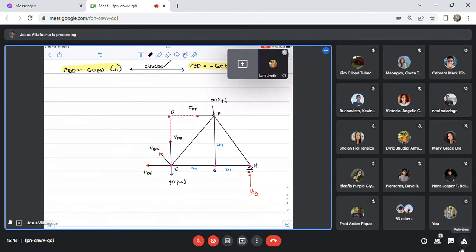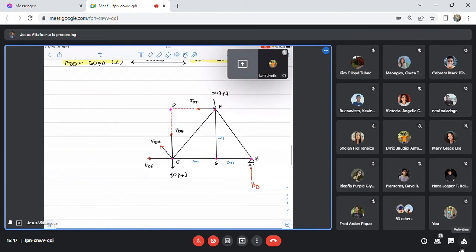FDE, FBE, and FCA, because all of these are connected at point E. Therefore, what is only included in our equation is FDF. Correct. So let's move it right here.